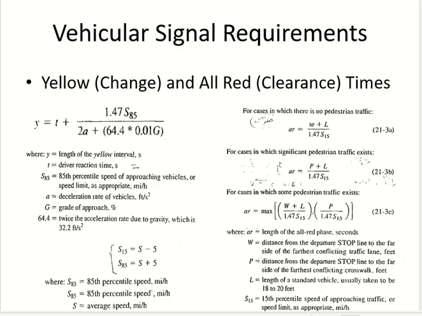Okay, to get the percentiles, you should remember, all of you plotted the spot speed curves. So you plot the curve and then you get the 15th percentile and 85th percentile.